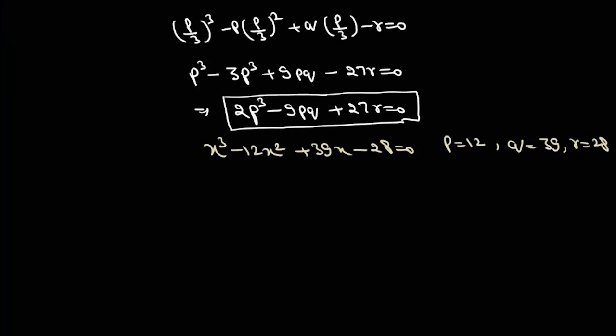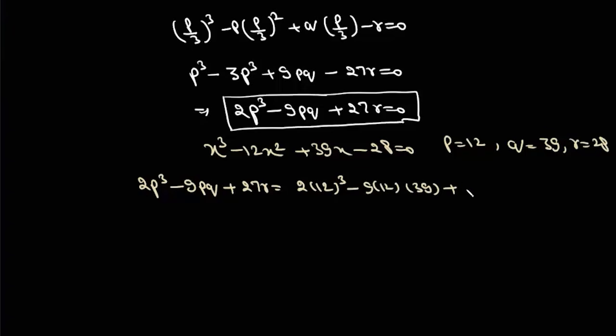Now if we calculate 2p cube minus 9pq plus 27r, there will be 2 into 12 cube minus 9 into 12 into 39 plus 27 into 28, and if we solve this, we'll find it is equal to 0. So that means roots of this equation are in AP.